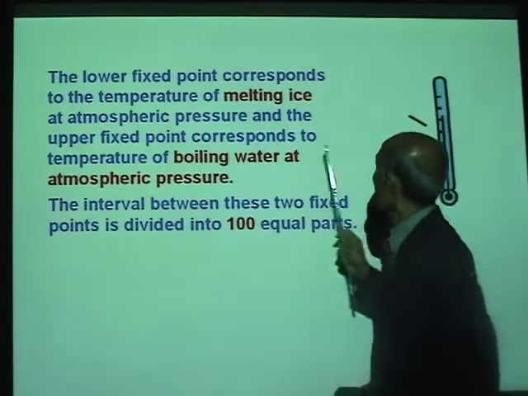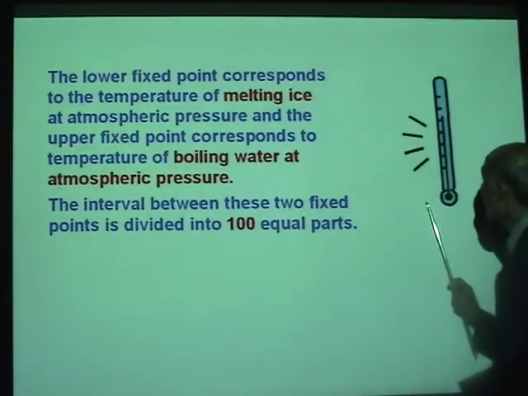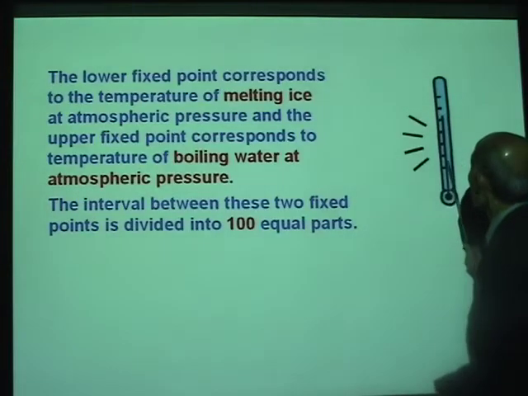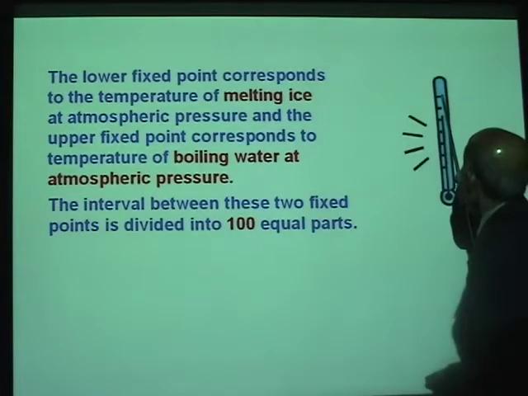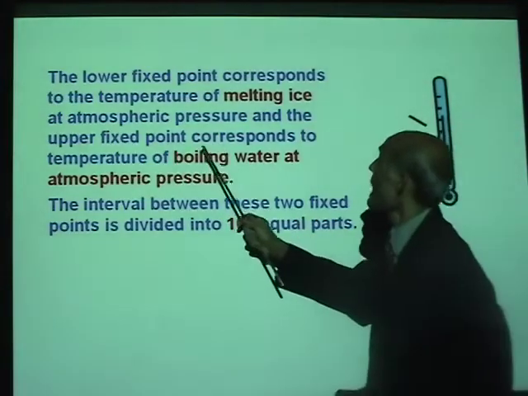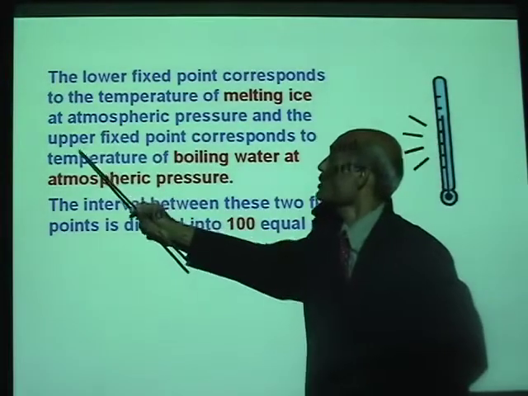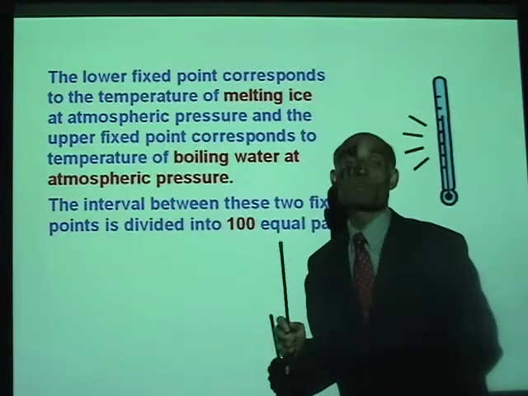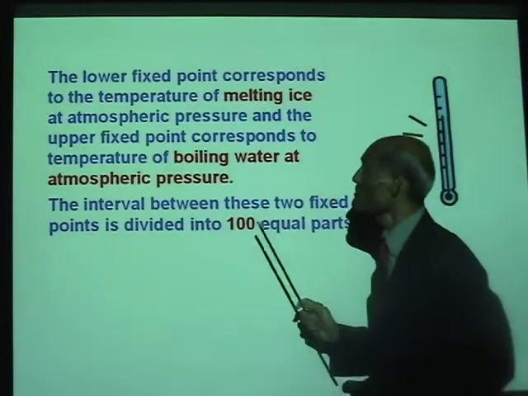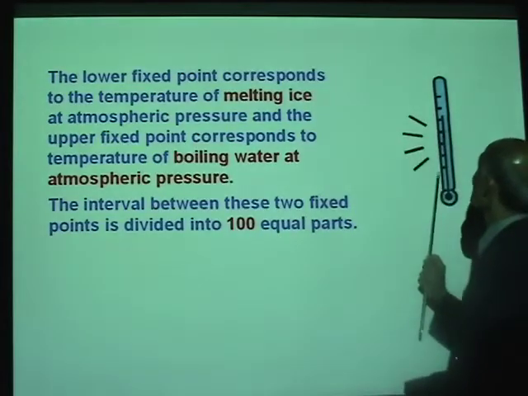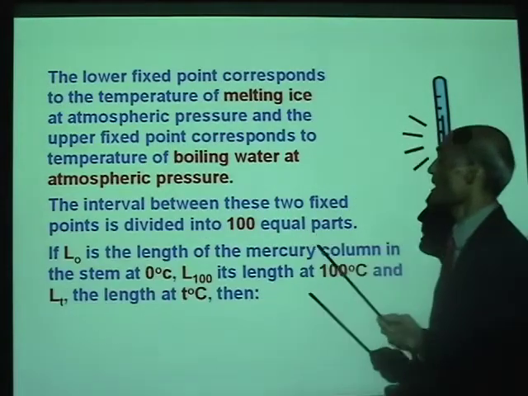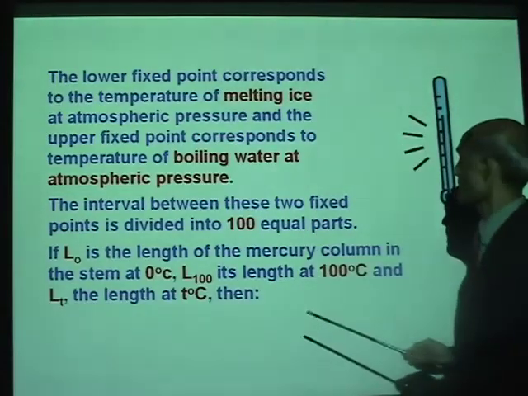And then cover this with boiling water at atmospheric pressure. The level of mercury will rise, and when it becomes steady, make a mark and call it the upper fixed point, which will be 100 degrees Celsius. And then all you need to do is, the interval between the 2 fixed points is divided into 100 equal parts. Alright.